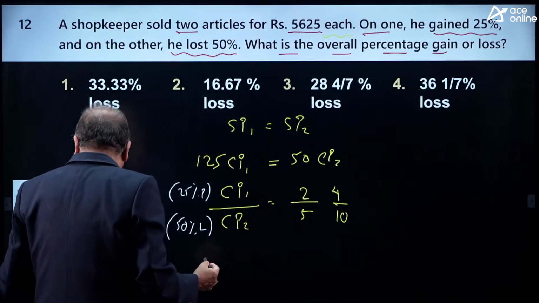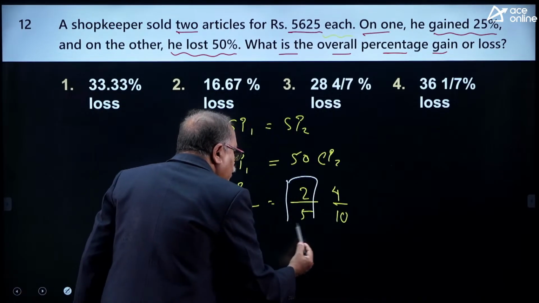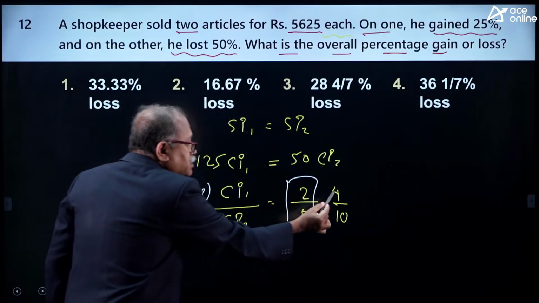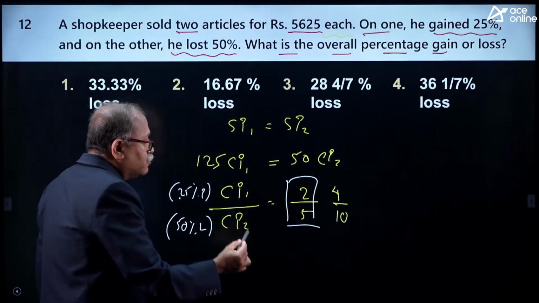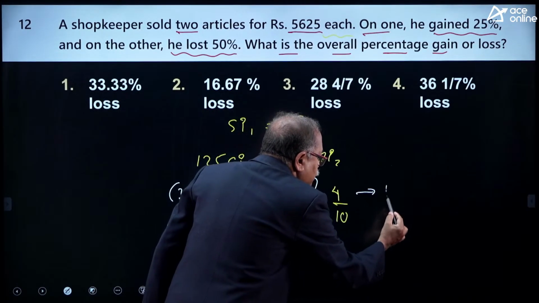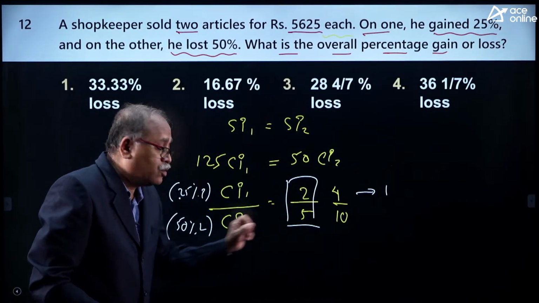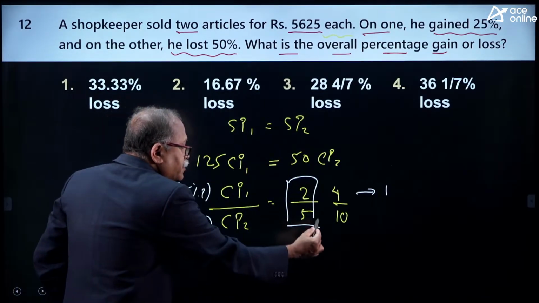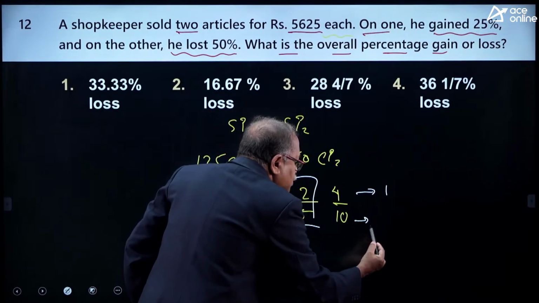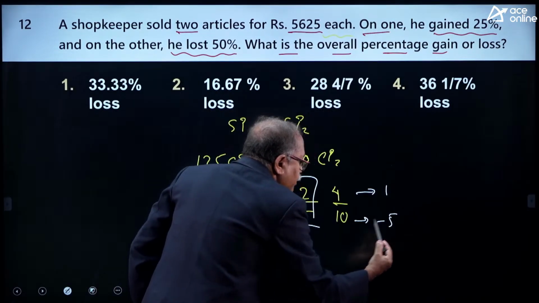Simply I multiplied this by 2 in order to take 25% of 4, which is 1/4 of 4, nothing but 1, and the 50% loss over here. So, what is the 50% of this one? That is nothing but 5.